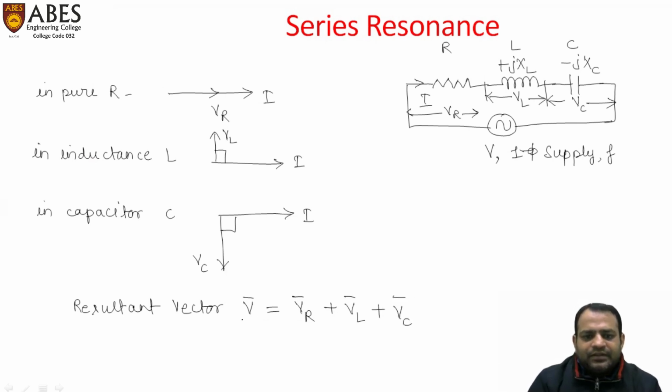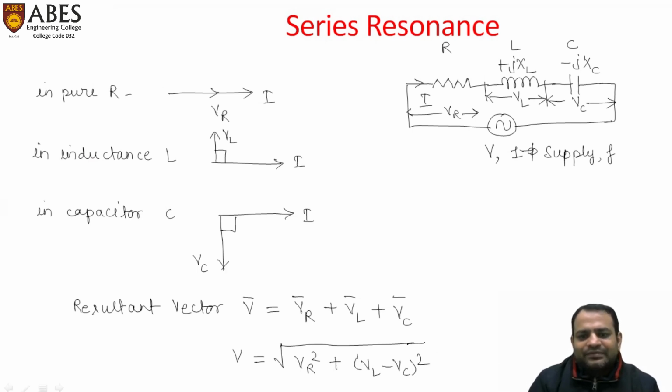If we are taking mod of this vector, so V is equal to under root of VR square plus (VL minus VC) whole square. So this is our resultant voltage V.